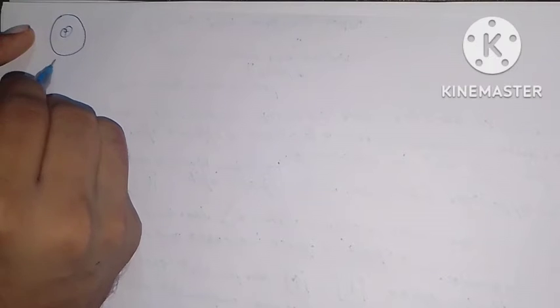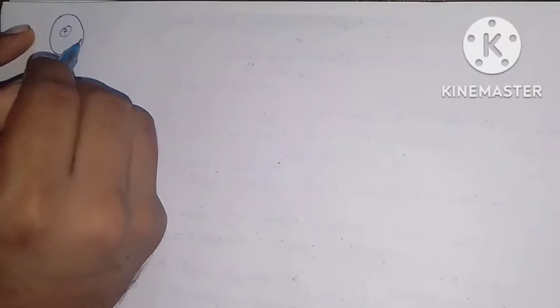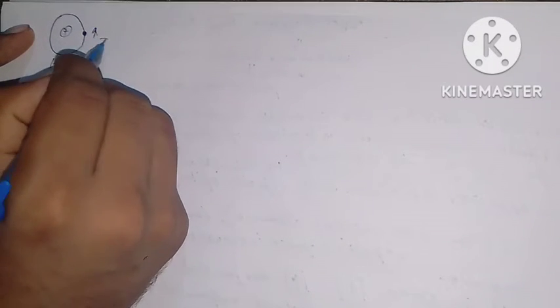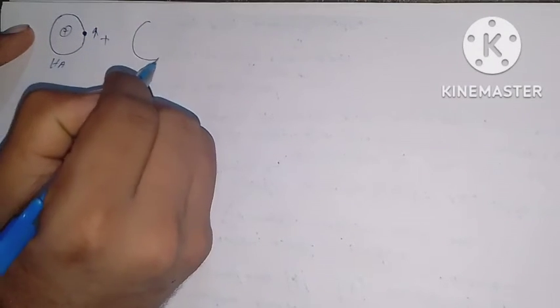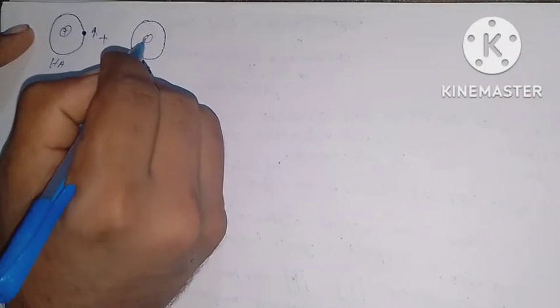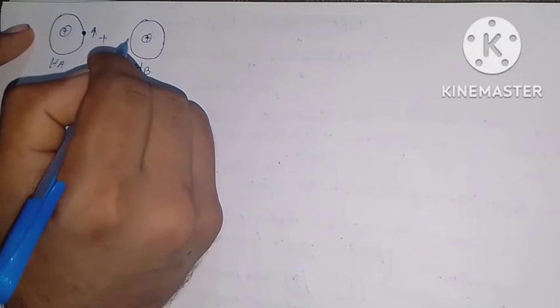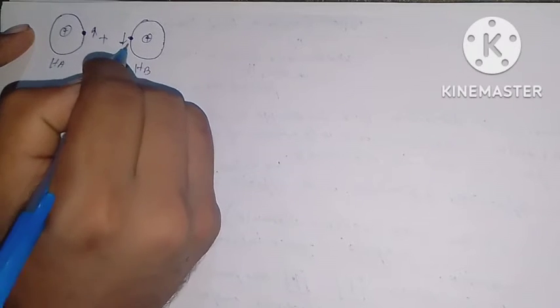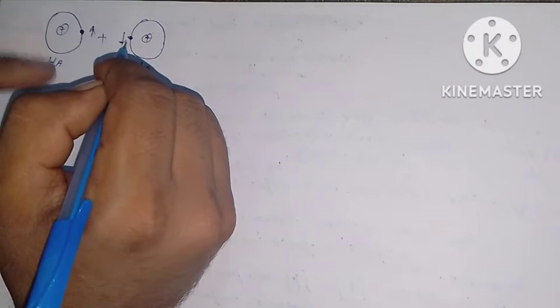Atomic orbital theory. This is the H atom, this is the nucleus, and one electron moves. And this is the Hb atom, this is the nucleus of the Hb atom, and one electron moves, but anti-parallel, because the direction of this is opposite.